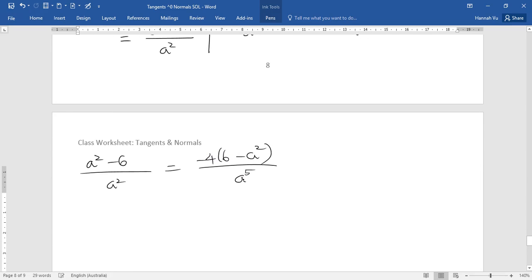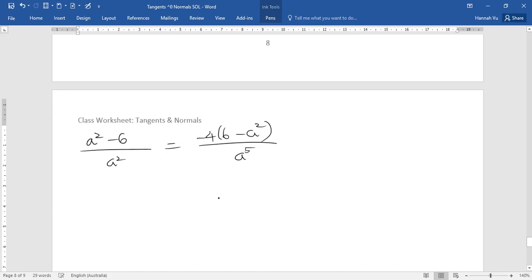Alright, I'm going to move the a to the power of 5 first. What is the good way to do this, and why is everything so messy? Okay, a squared minus 6 times a to the power of 5 over a squared is negative 24 plus 4a squared.